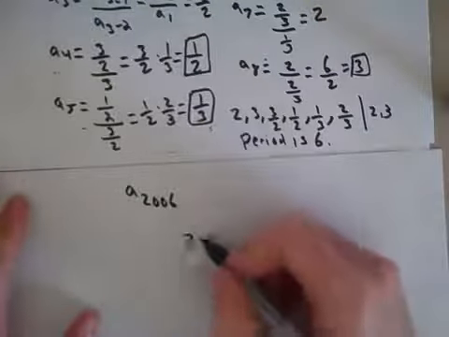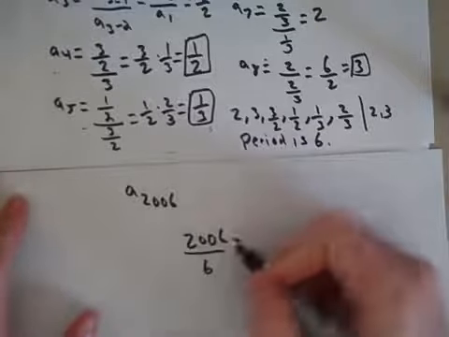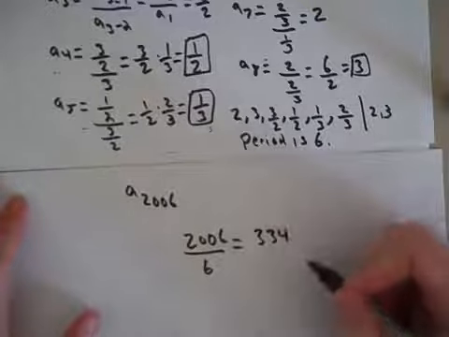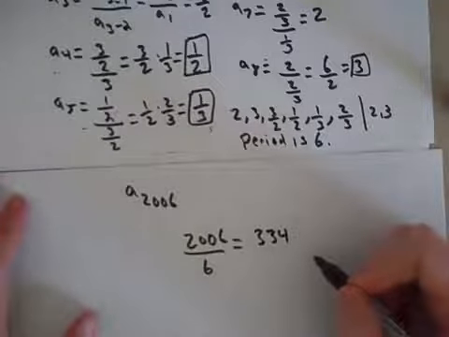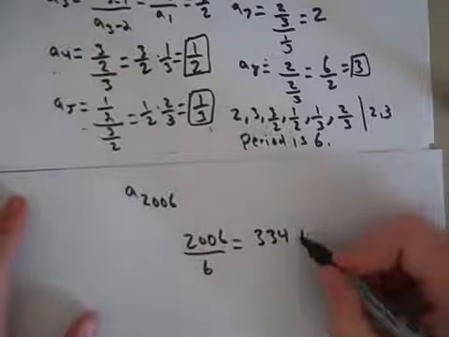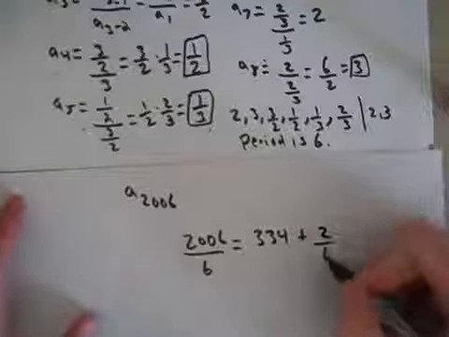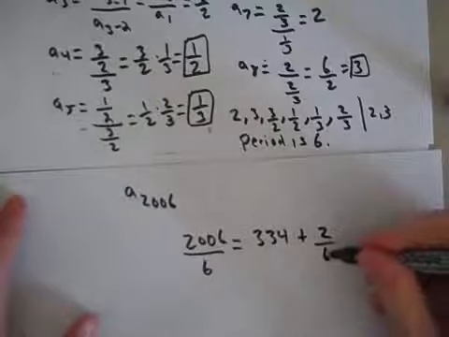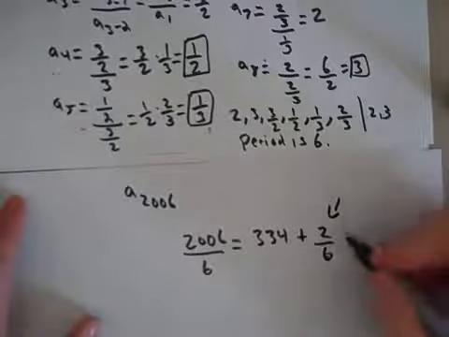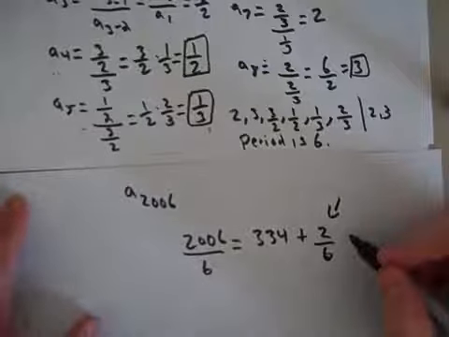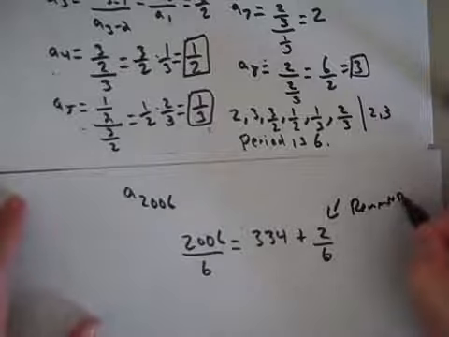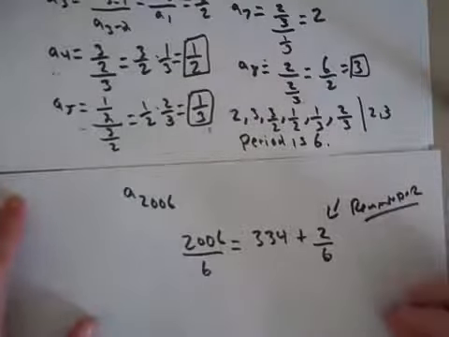So if we take 2006 and divide it by 6, you could use your calculator, but it goes in 334 times with a remainder of 2. The remainder, if you remember from polynomial division or elementary school, is 2.